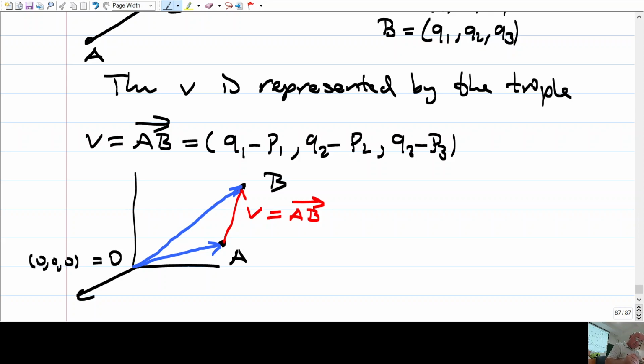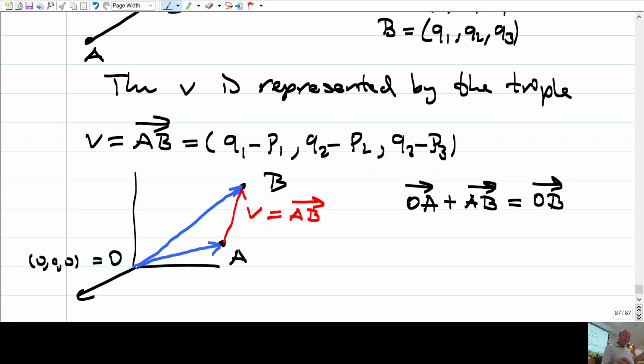Note that I take the vector OA and add this to AB and I get OB, right? Why is that?